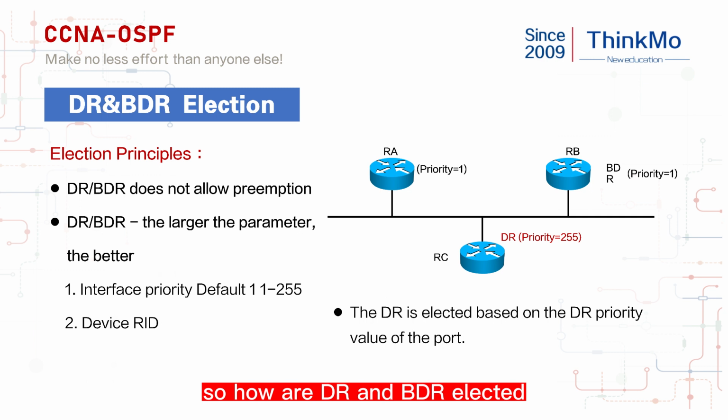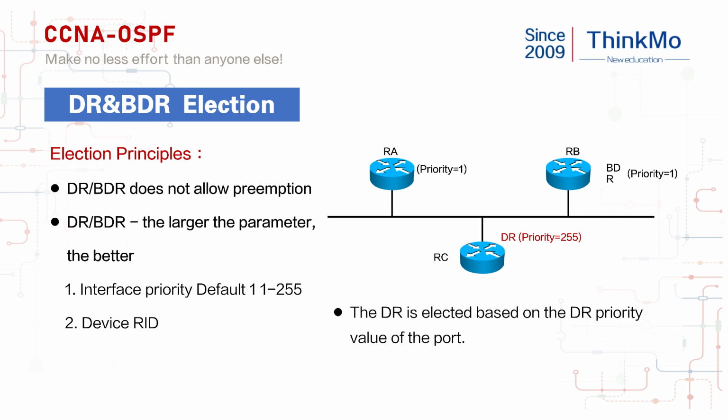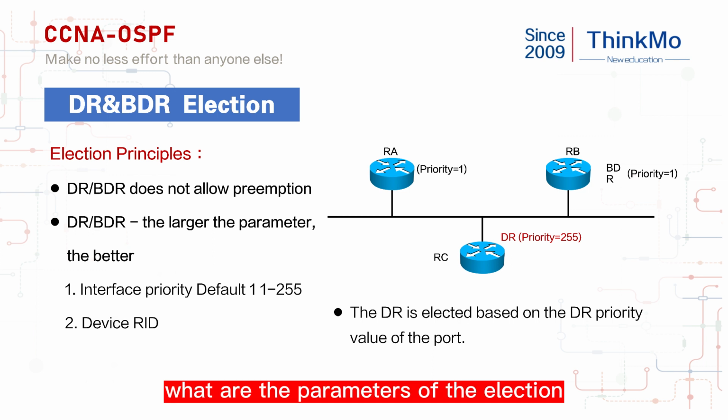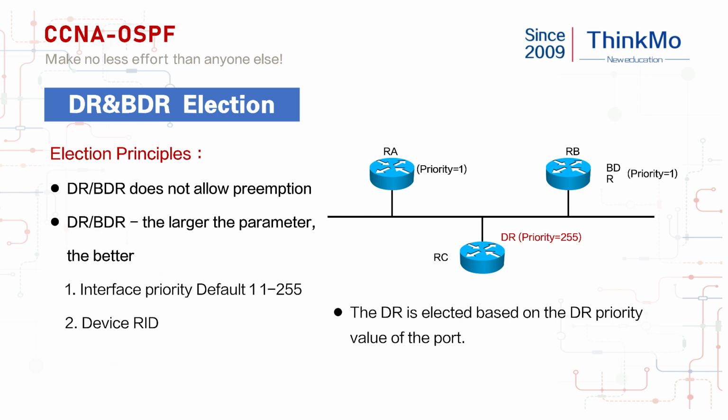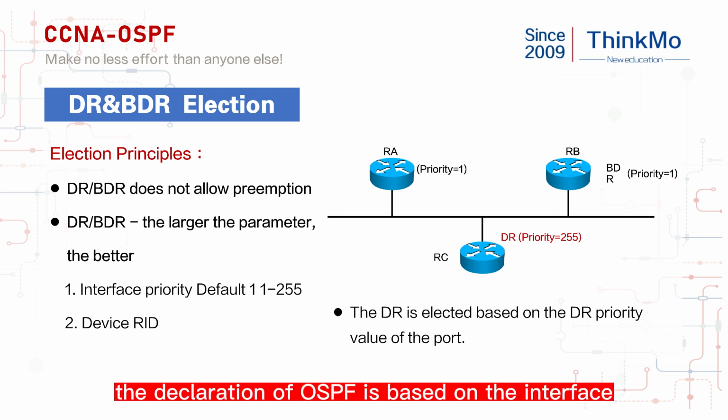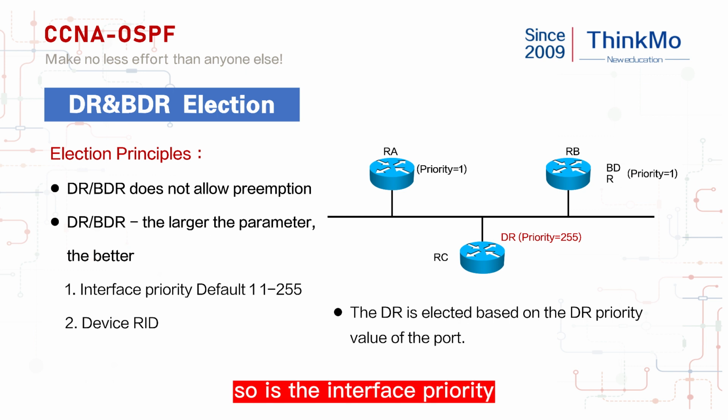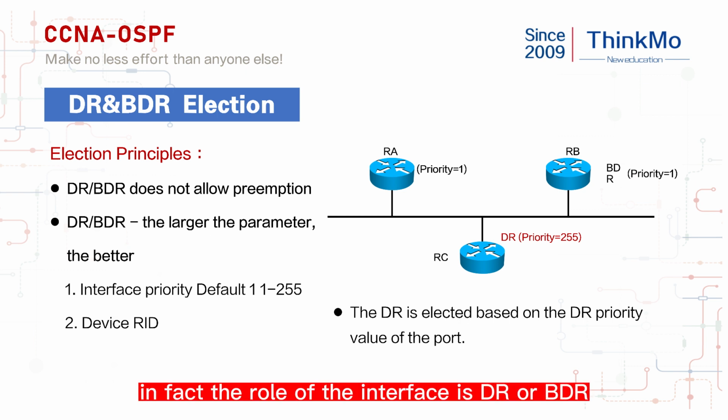So how are DR and BDR elected? What are the parameters of the election? For all parameters, bigger is better. The first is interface priority. I just said that OSPF is based on the interface, so the priority is on the interface, and the interface's role is DR or BDR.